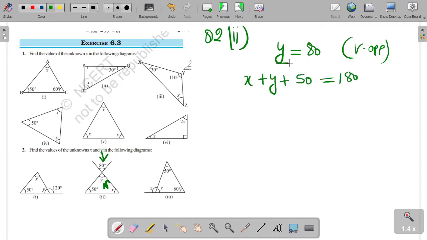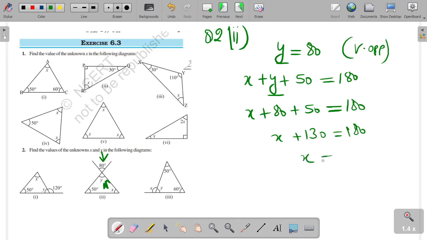Put the value of y here. So x plus 80 plus 50 is equal to 180, or x plus 130 equals 180, or x equals 180 minus 130, or x is equal to 50.